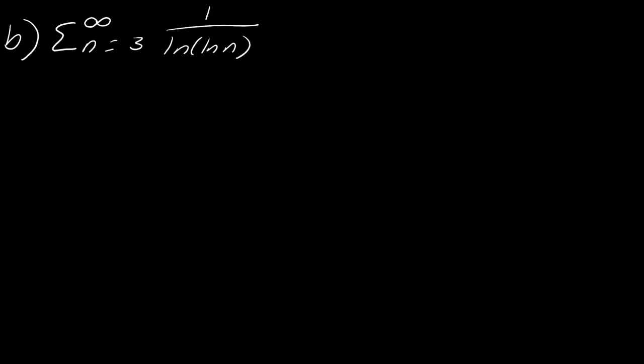Okay, for my next one, I've got 1 over the natural log of the natural log of n. Once again here, we can compare this to a simpler denominator pretty easily. So this is probably a case where I'd want to use the direct comparison test.